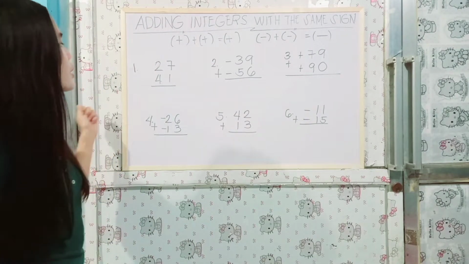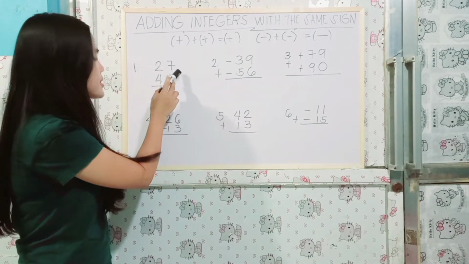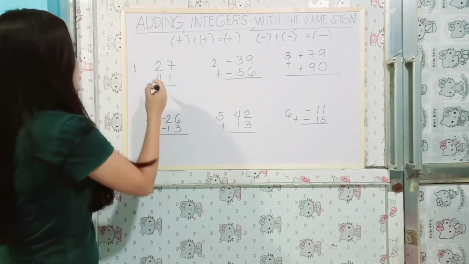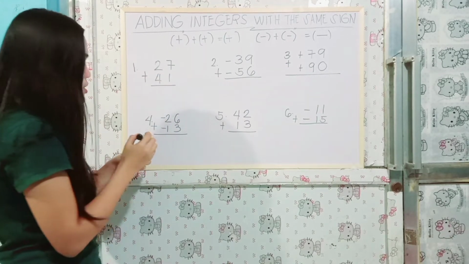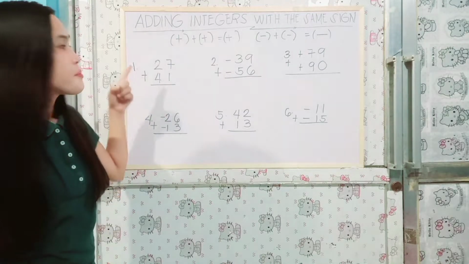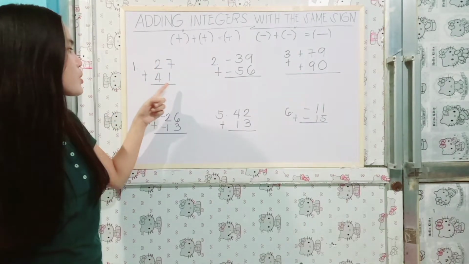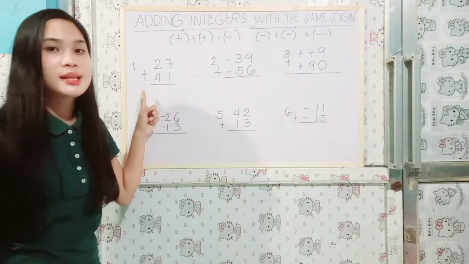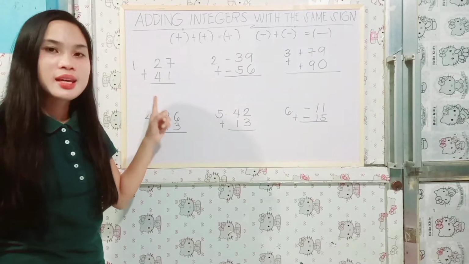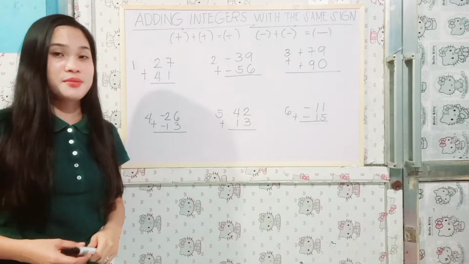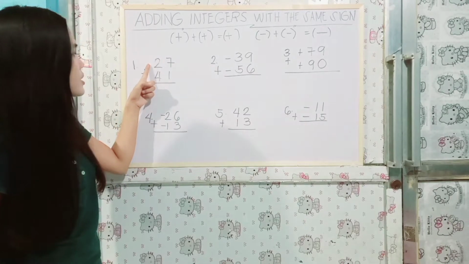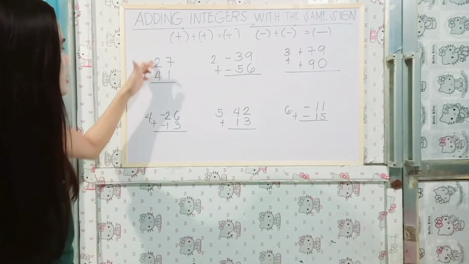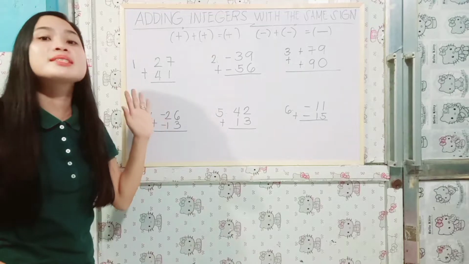We have here positive 27 plus 41. Again, positive 27 plus 41. If there is no sign, it is automatic that that number is positive. Okay? So positive 27 plus 41. So as you can see, they have the same sign.